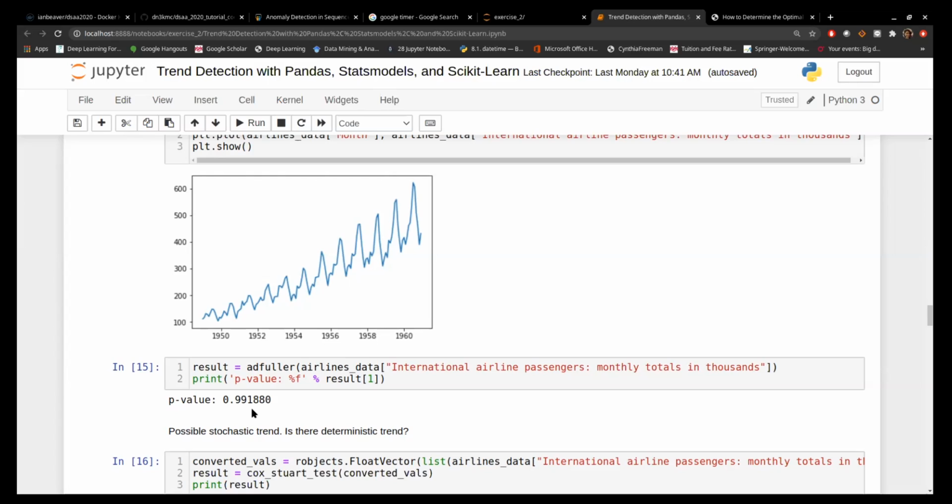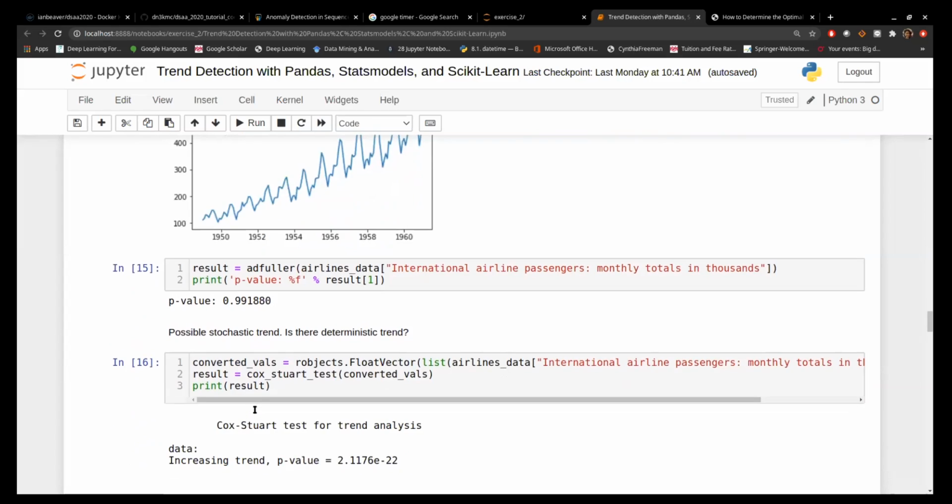We fail to reject the null hypothesis, where the null hypothesis is that the time series has stochastic trend. So possibly we might have stochastic trend. Now I go ahead and try the Cox-Stewart test using R, and the p-value is less than 0.05. We reject the null hypothesis, so there is deterministic trend.